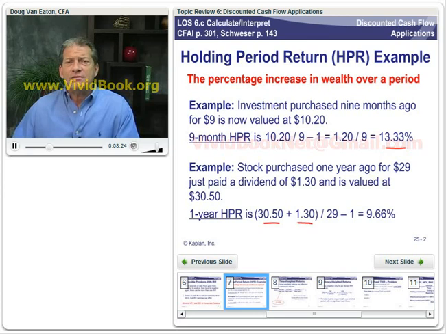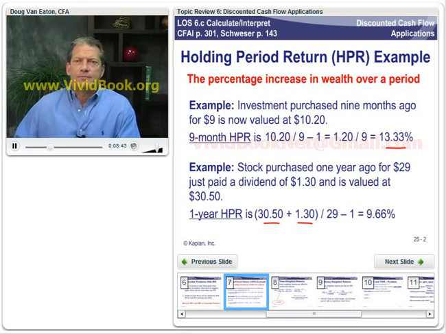So our ending value in the numerator now is the ending price plus the dividend. In the denominator, we've got our original amount of investment. So we still put ending value over beginning value, subtract 1, and get a 1-year holding period return for this stock of 9.66%.